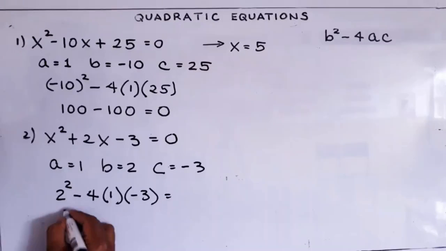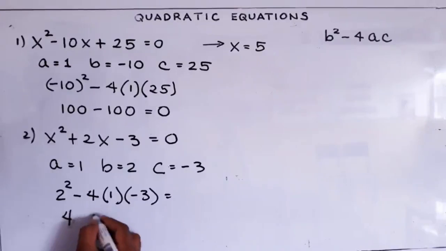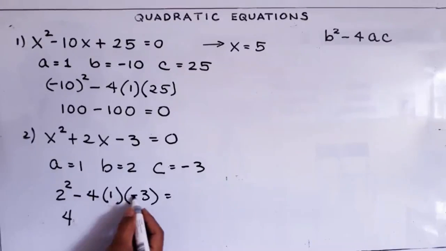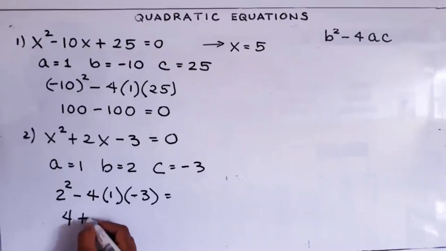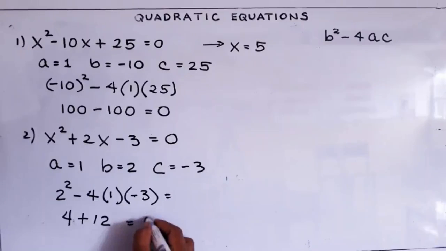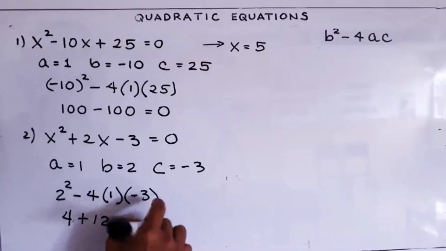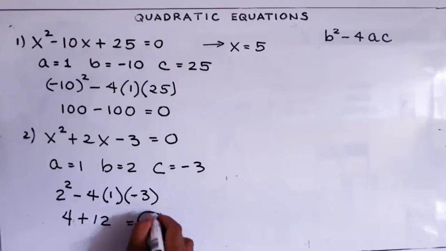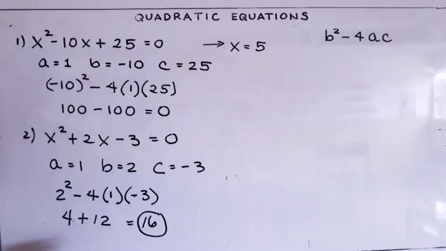We have 2 times 2 is 4. Negative times negative gives us positive. 4 times 3 is 12, and then 4 plus 12 is 16. And 16 has a square root, and the square root of 16 is 4.